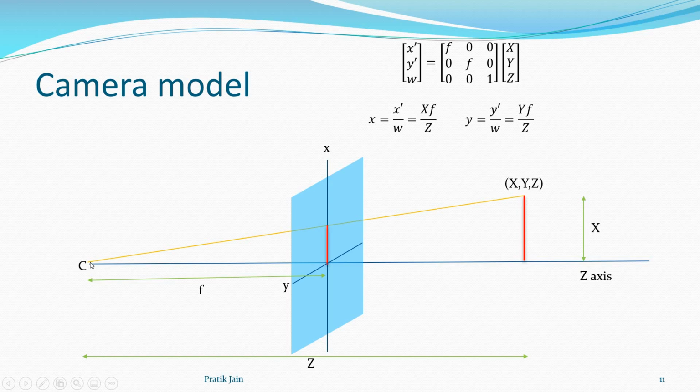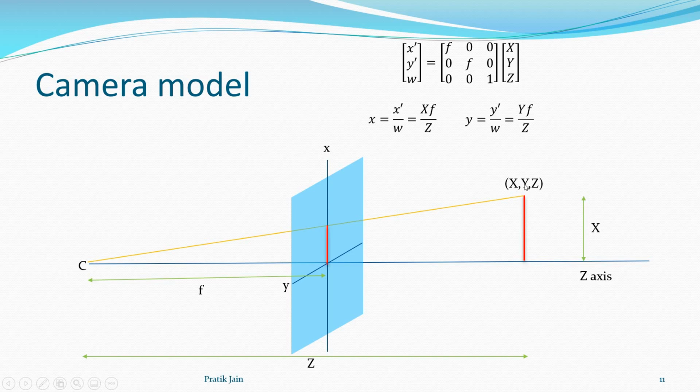Also assuming that this is the origin of our 3D world coordinate, this point C is 0, 0, 0, and with respect to C these other coordinates are defined.